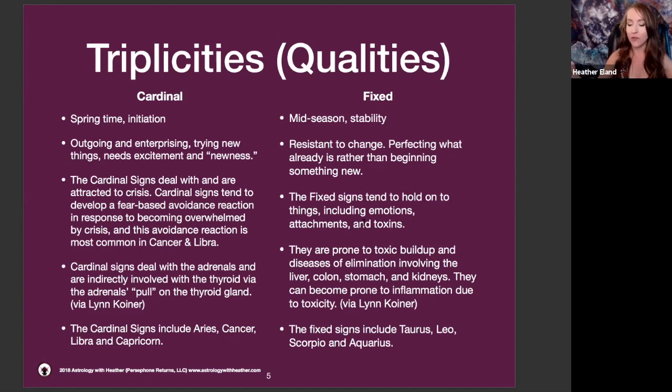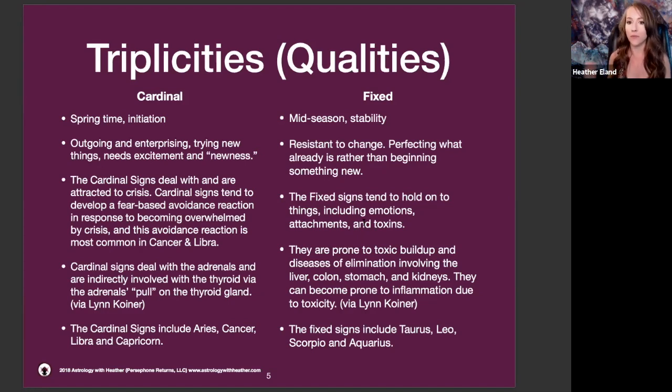But in general, there is a part of this sign that's going to be resistant to change, and they tend to hold on to things. They want to continue to perfect what already is and to work with that energy, as opposed to beginning something brand new or letting things go. So they tend to hold on to ideas, experiences, emotions, attachments, relationships, and in the body, toxins.